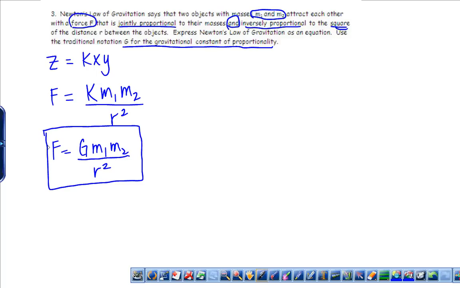Okay? Now, I'm going to ask you a couple of things. What happens if you double one of your masses? You take one of your masses and you double it in your equation. What happens to the entire equation?